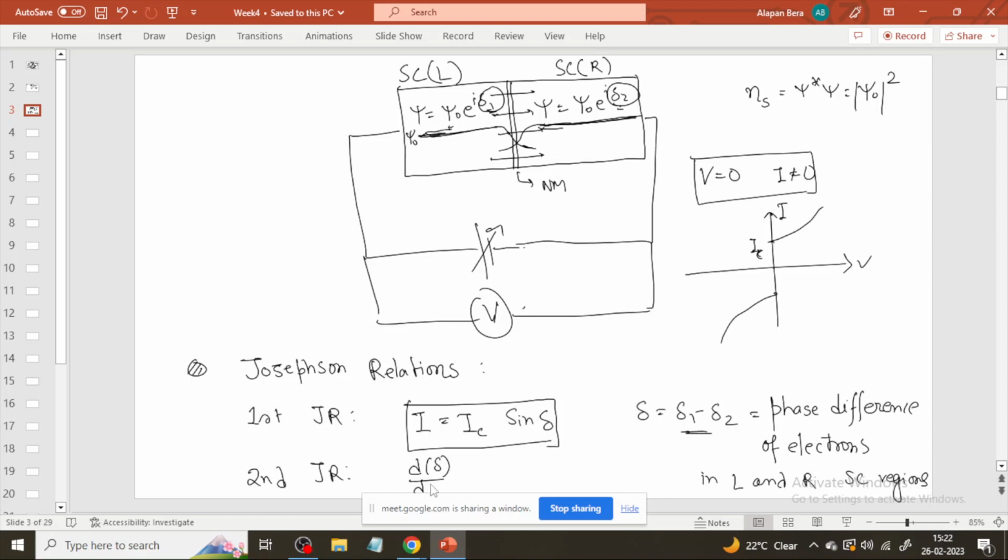This is the first Josephson relation, and the second Josephson relation is given by this. The time evolution of this phase difference is governed by the voltage applied across the interface of the Josephson junction, and this is related by this equation. This is our second Josephson relation.